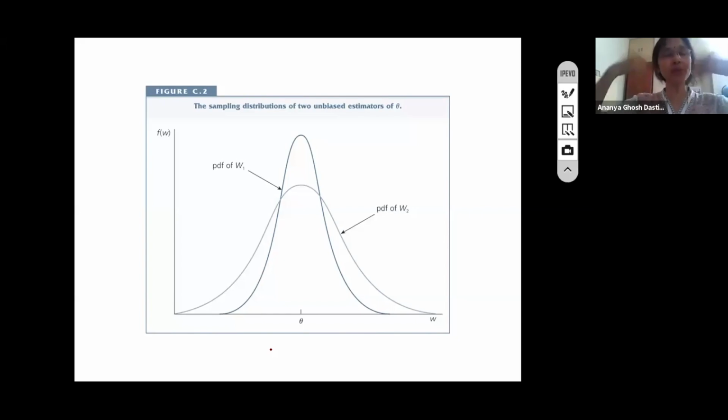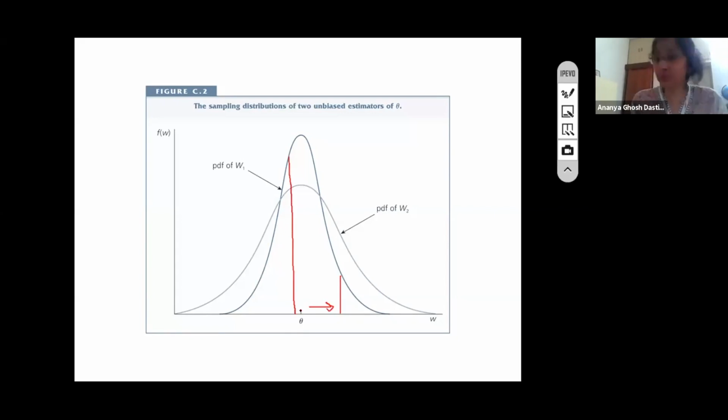So look at what we are trying to do. We are trying to estimate theta, correct? And we haven't seen theta, but we are using an estimator which is unbiased, which is centered on theta. So depending on our sample, our estimators could take us far from theta, or it could keep us close to theta.